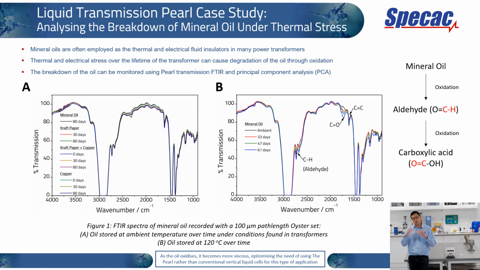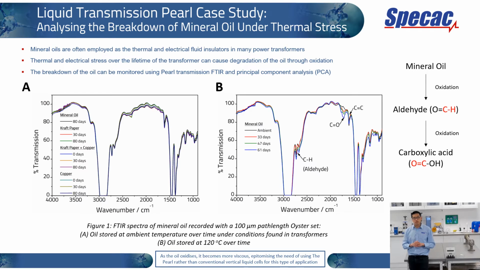So you've got mineral oil by itself, or mineral oil in combination with the solid insulator, the kraft paper, or more realistically, you've got mineral oil plus kraft paper plus the copper. So the copper is just the conductor used as a transformer coil, insulated by the solid insulator, the kraft paper, before it's immersed in the liquid insulator and the mineral oil.